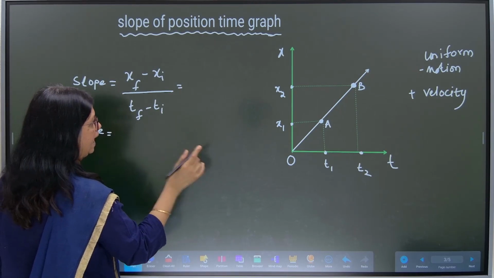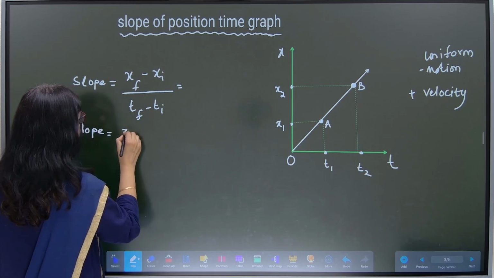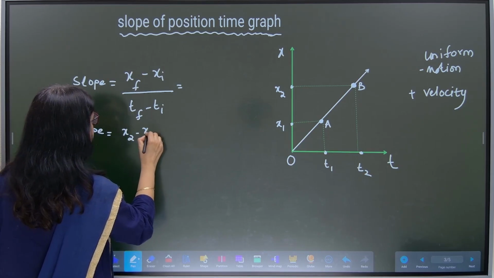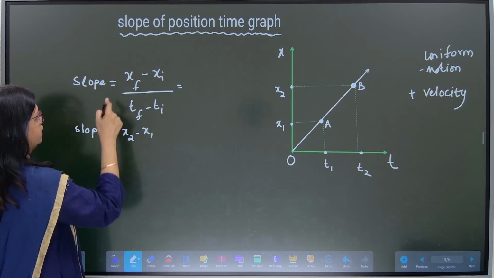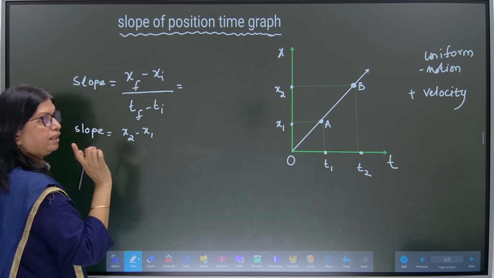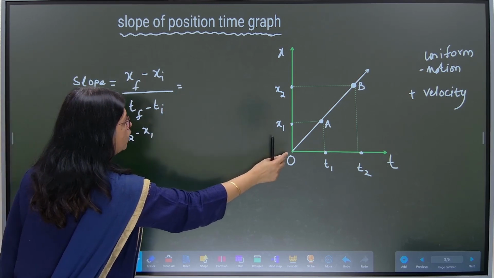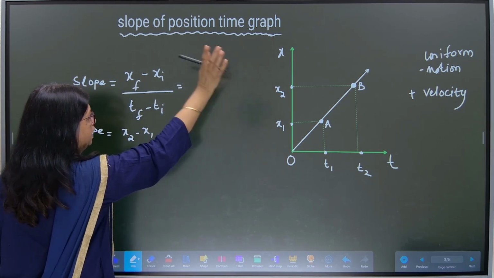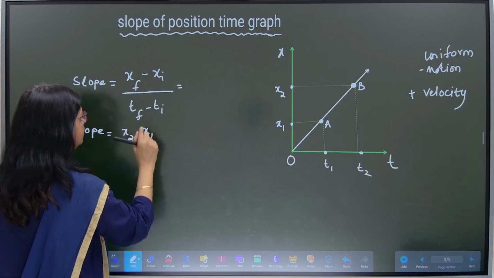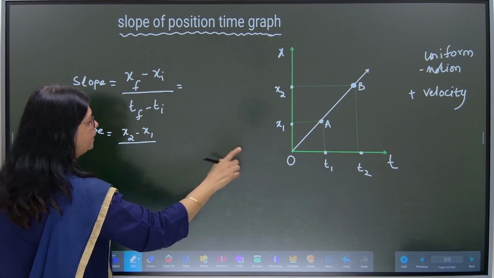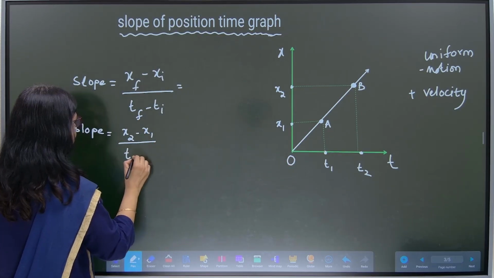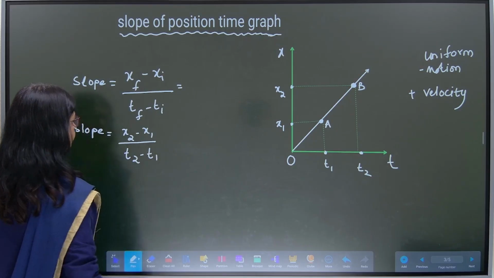So from the graph, I get the slope as x2 minus x1, where xf is x2, the final position the body has traveled to, and xi is x1, divided by the final time t2 minus t1.